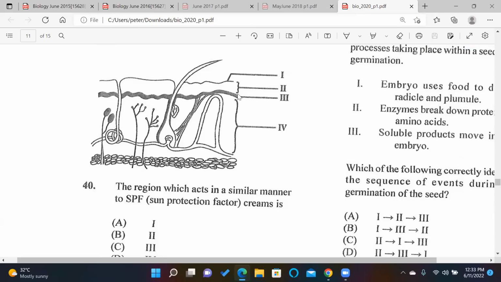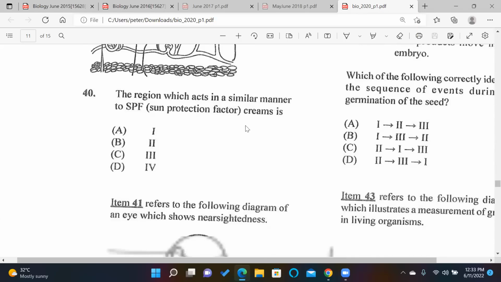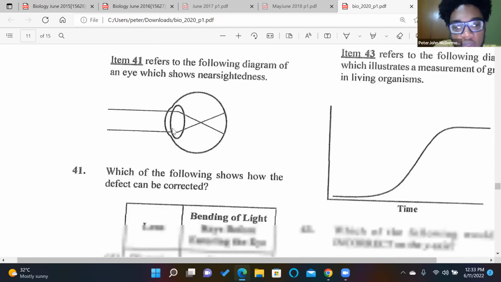Germ. What's this? What's this? Could that be a blood vessel? So SPF, I'd probably say 1 because that's the most superficial layer. So of course that would be the part that's protecting you from the sun.